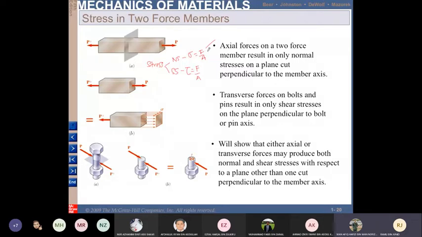For normal stress, the force is perpendicular to the area, and for shear stress, the force is parallel to the area.